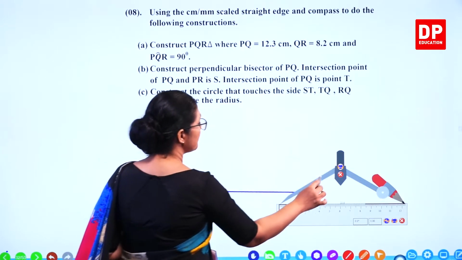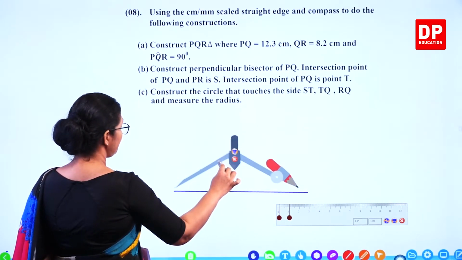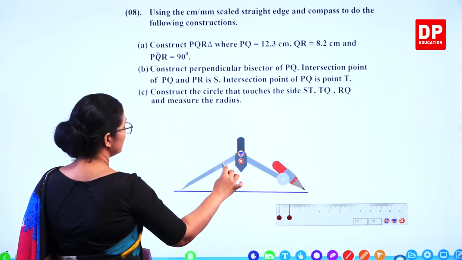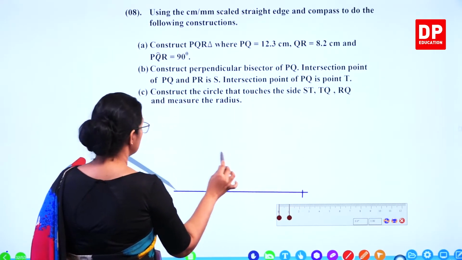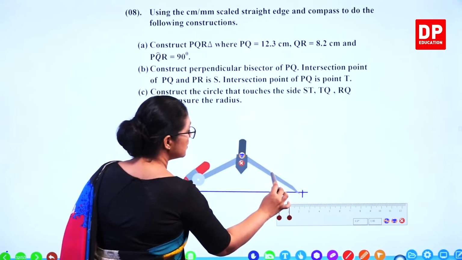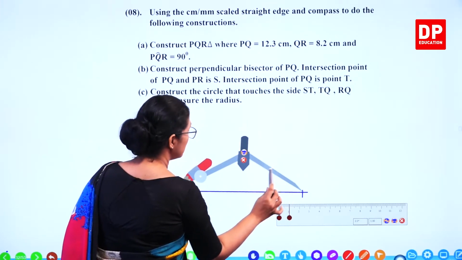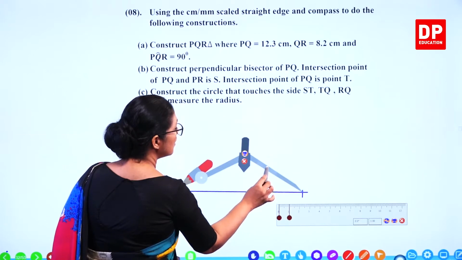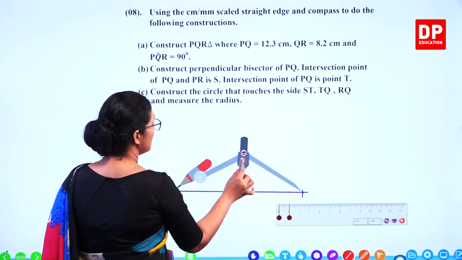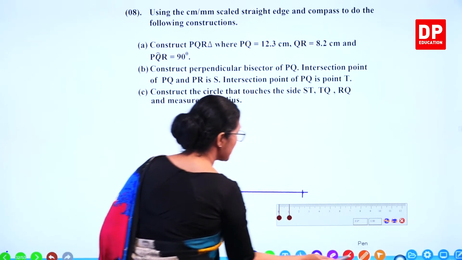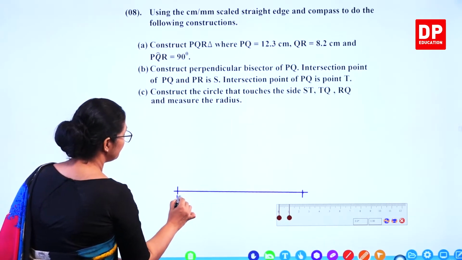So here and here 12.3. So we can take PQ.